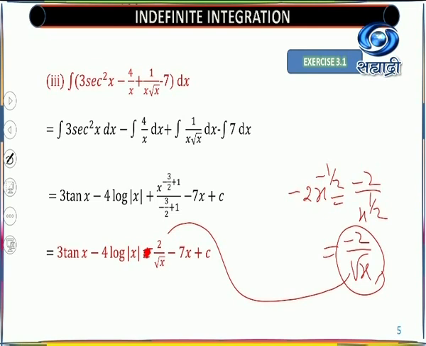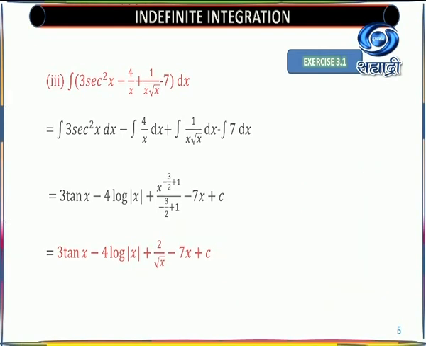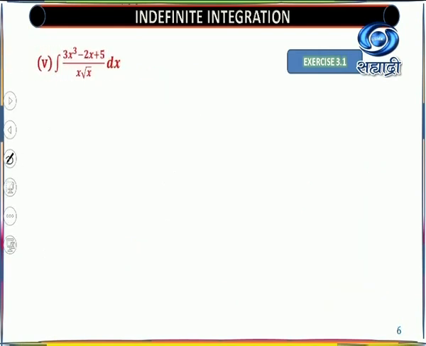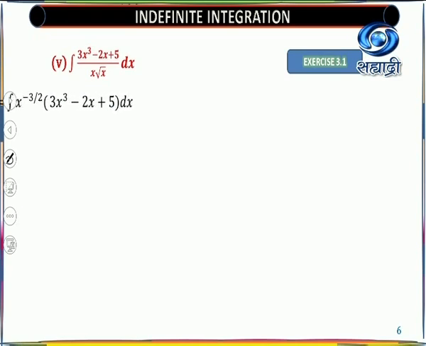Now we'll move towards the next example, the fifth one: integral of 3x cube minus 2x plus 5 upon x root x dx. This is again a different example, but here it is simple to simplify your denominator.